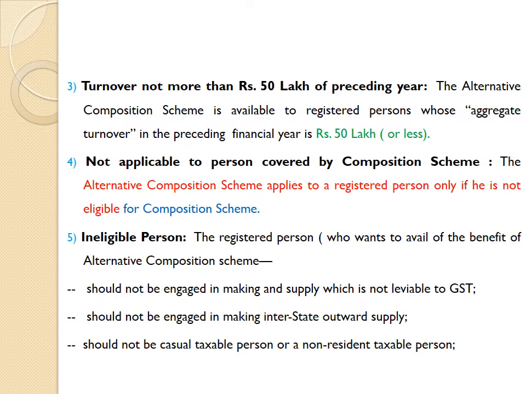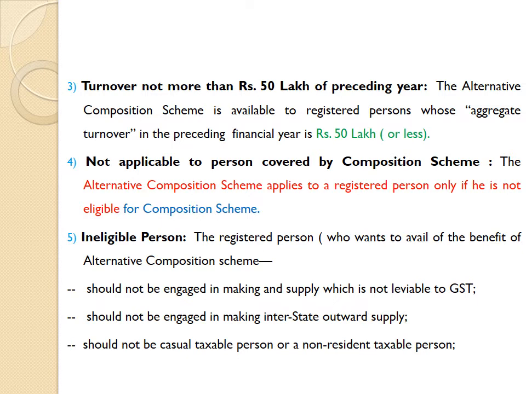It means that those things which are exempted from GST or covered under the negative list, that type of supply made by a taxpayer is not eligible under this alternative composition scheme.